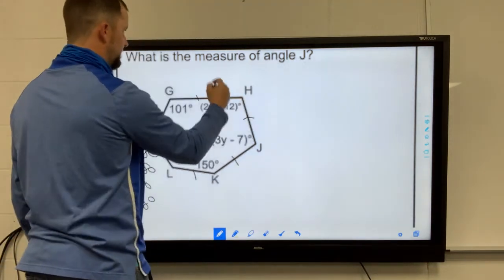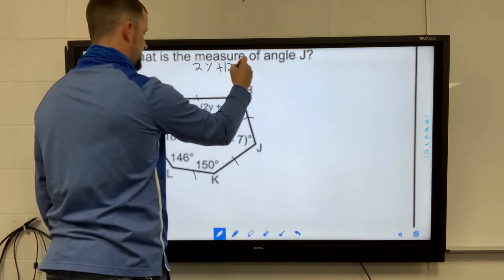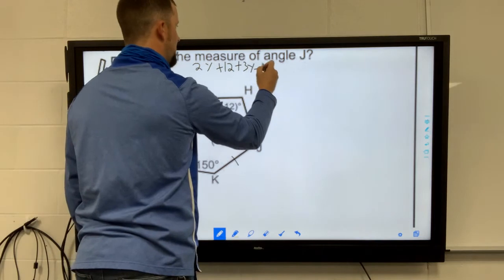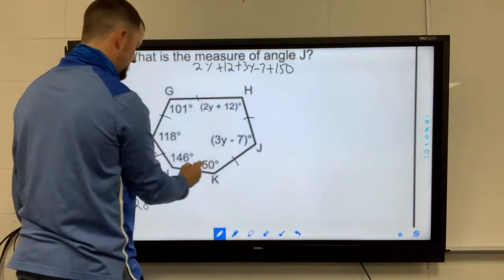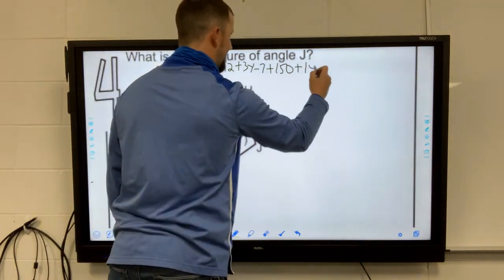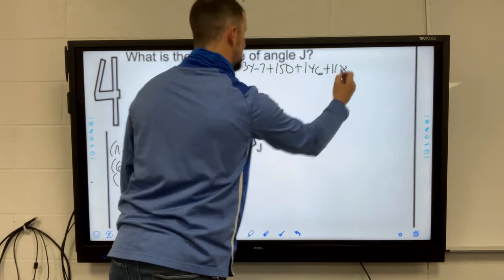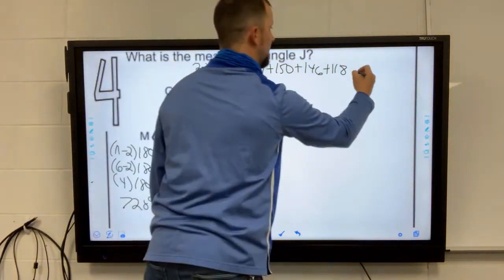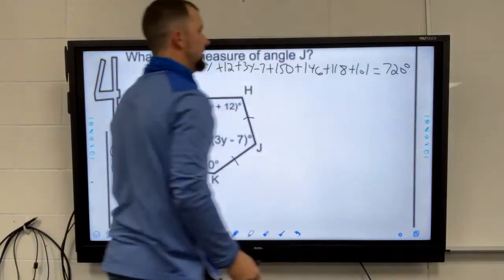Actually, I'm going to do my 2 equations first. So 2y plus 12 plus 3y minus 7 plus 150 plus 146 plus 118 plus 101. And all those are going to equal 720 degrees at the end.